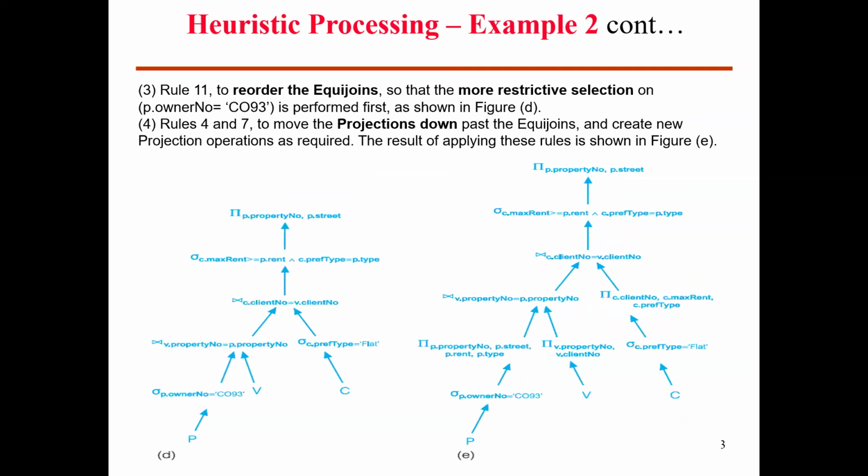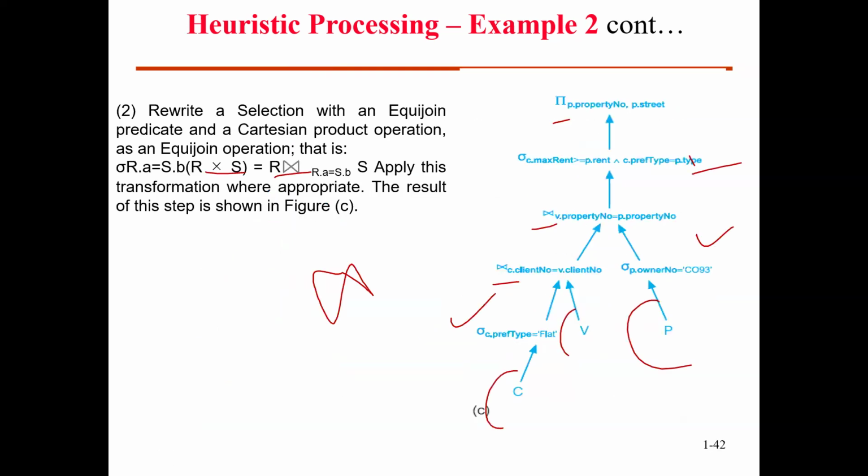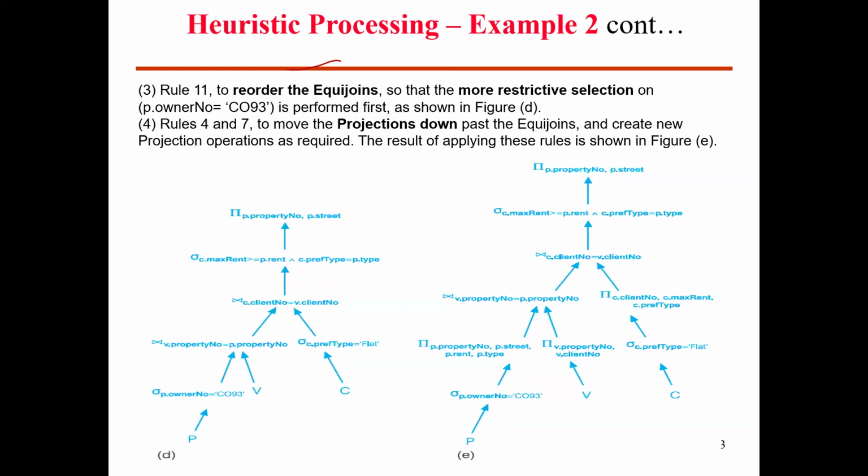Here we have reordered the equijoins. So C, V, P, we are now taking not all the clients, but the properties table first, then the view table and the C table, and other things remain the same.